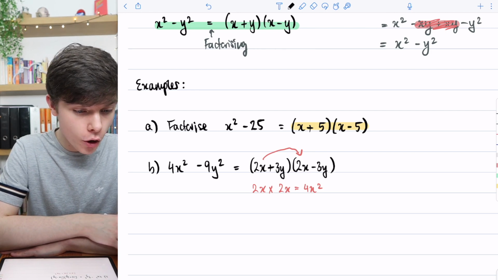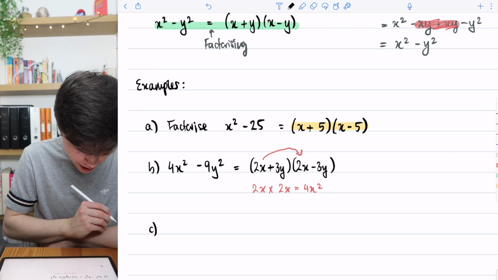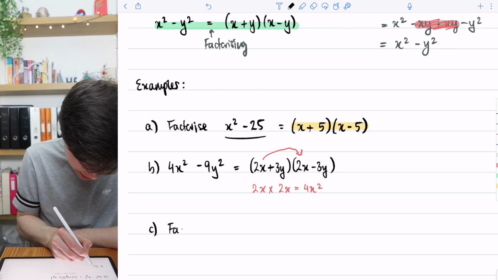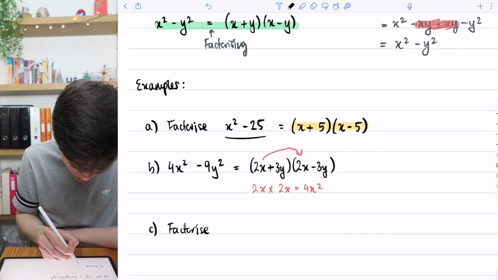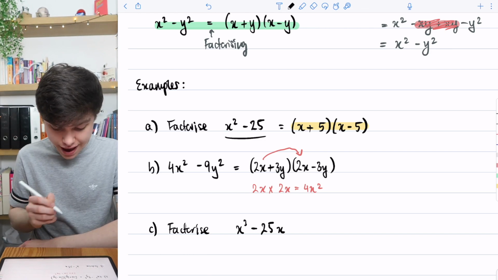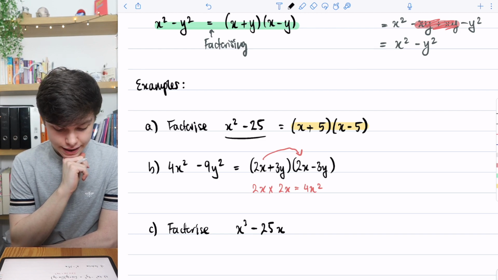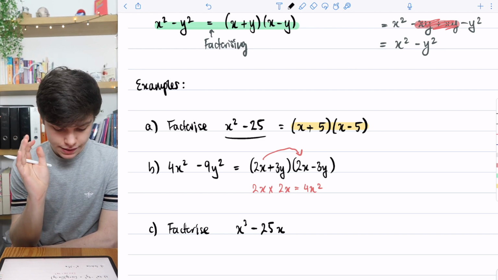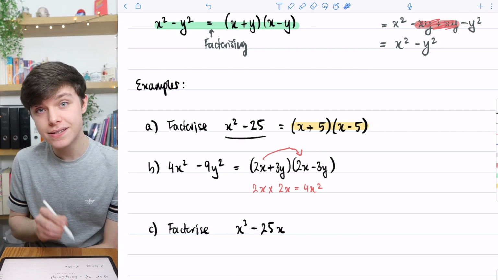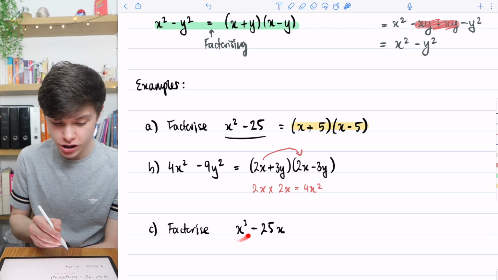Let's do one more. Let's have a look at, and we'll do a little adaptation of this one here. Let's factorise x cubed minus 25x. Now, when we want to factorise that, I can see straight away that there's a common factor in both x cubed and 25x, and the common factor is x, because there's an x and there's an x hidden in that x cubed.